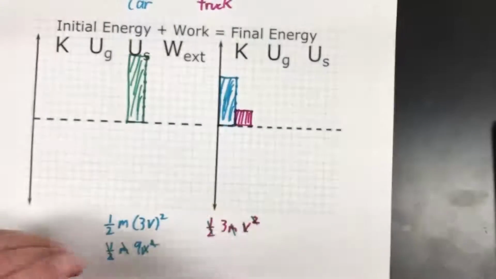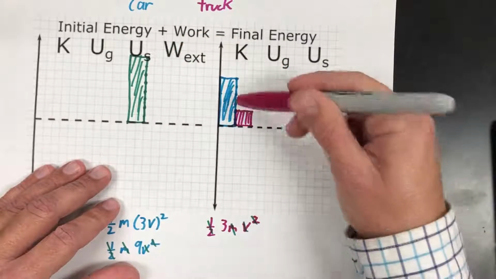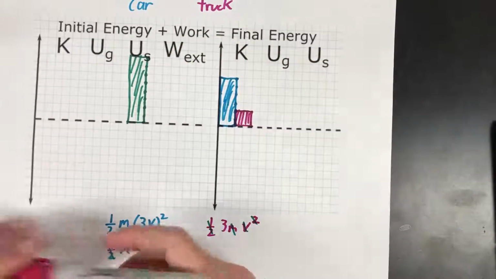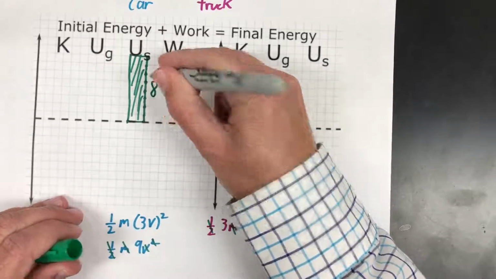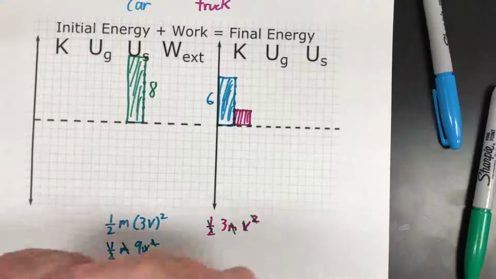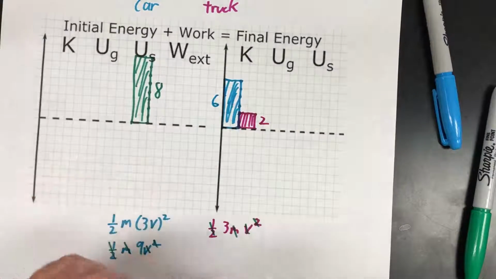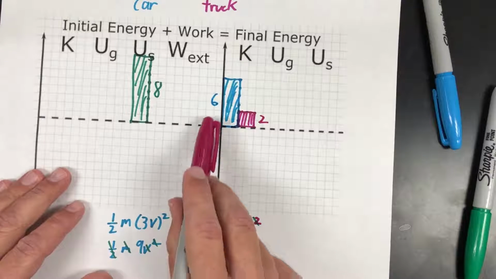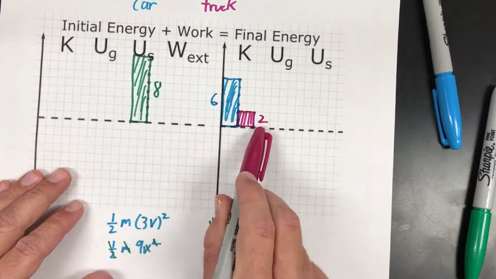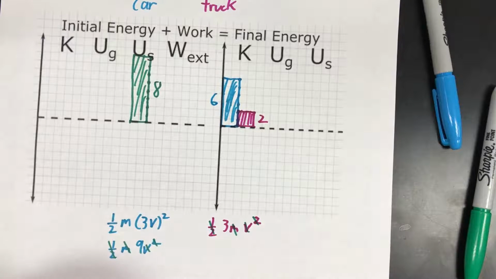One is that I've got 8 total, 8 by 2 here, so 8 total bars here, and I've got 6 and 2, so 8 over here, and then 6 here, and 2 here. So all together, I've got 8 on this side, 8 on this side. The other thing that it accomplishes is that this 6 is 3 times the value of that. So the car's kinetic energy is 3 times the value of the truck's.